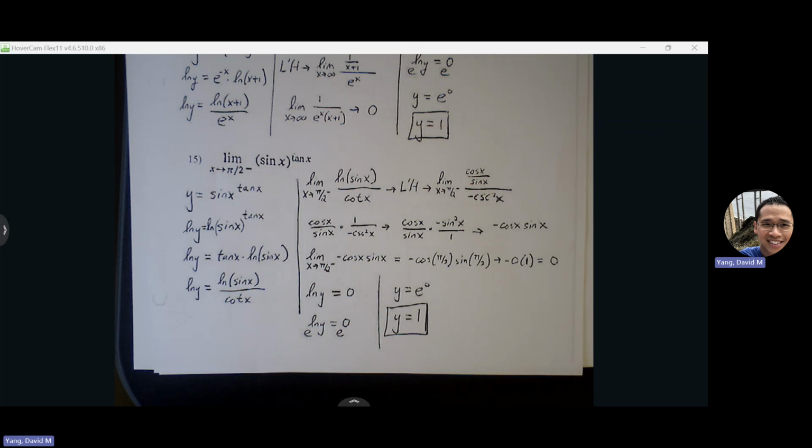So now I'm in a form that is more suitable for potentially L'Hopital's rule. So I'm going to plug in pi over 2 to see what's happening here. The natural log of 1 is 0, so that works. Cotangent of pi over 2, we know that cotangent is the reciprocal of tangent.